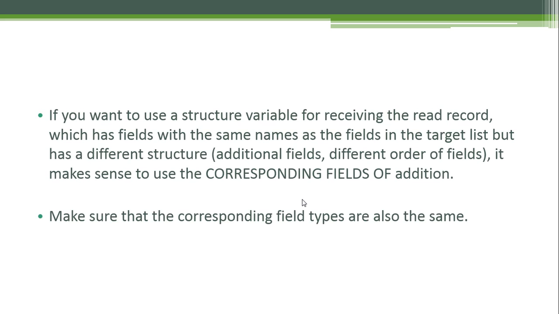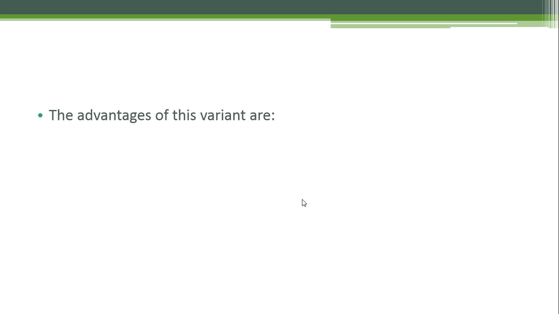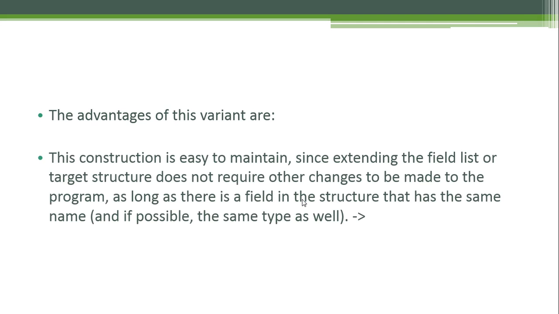Make sure that the corresponding field types are also the same. The advantages of this variant are: this construction is easy to maintain, since extending the field list or target structure does not require other changes to be made to the program, as long as there is a field in the structure that has the same name, and if possible, the same type as well.